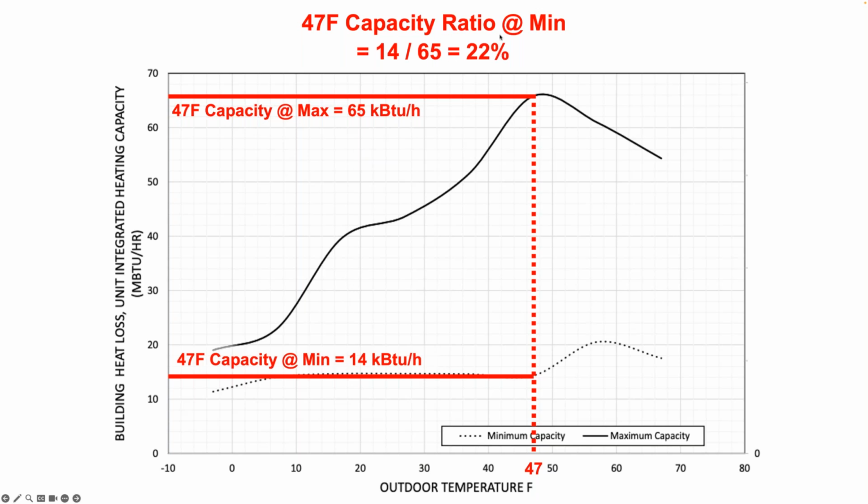So the capacity ratio at minimum is 22% of maximum. Because this is normalized, it's relative. If we felt this was representative of most units, then we could use this to fill in assumptions about the minimum capacity at 47 for other units as well. And that's why we use these normalized values.